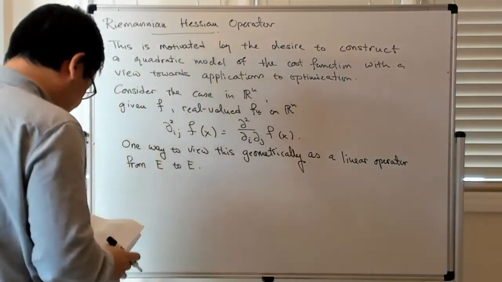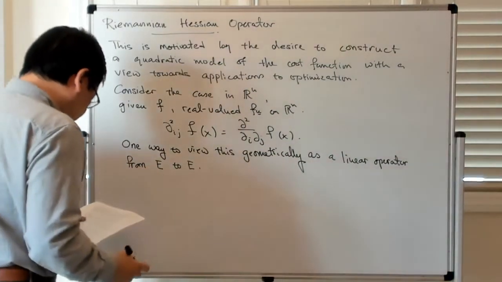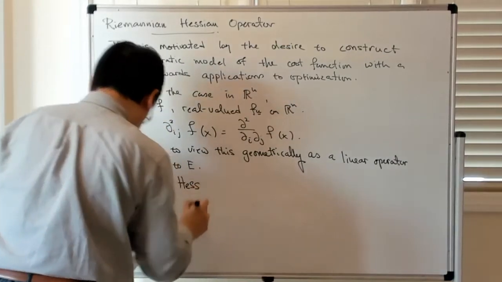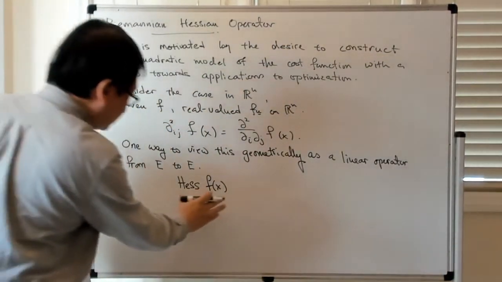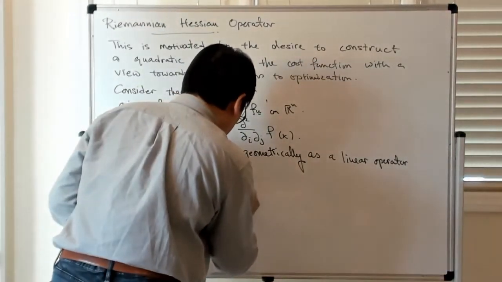Okay. All right. So how should I write this? The Hessian of f at x, you think of this now as an operator. It acts on some vector, let's call that z.